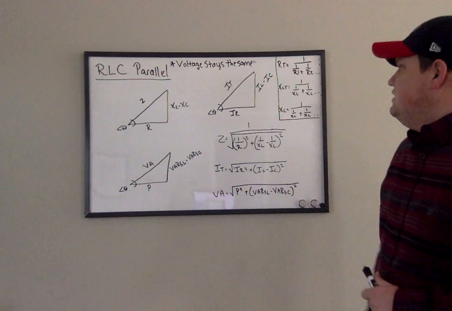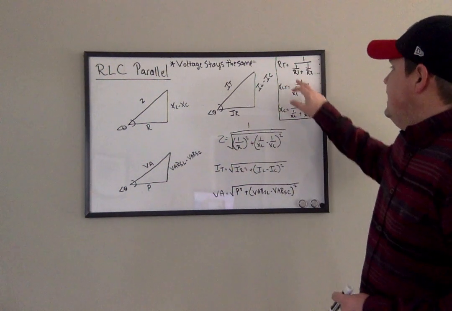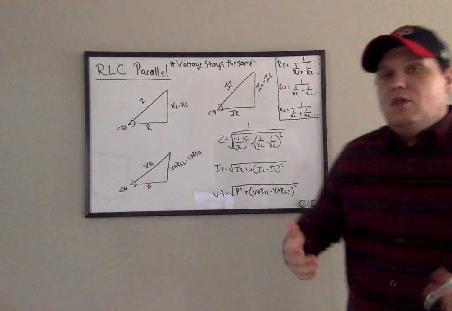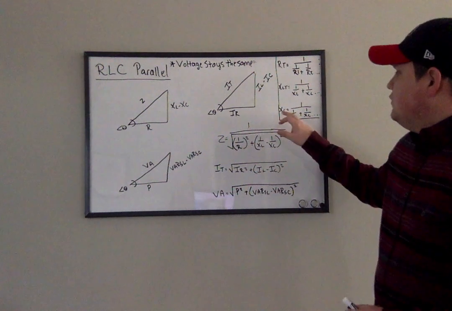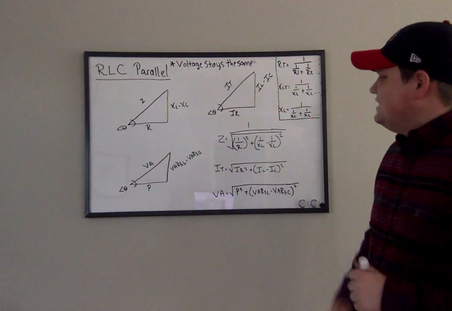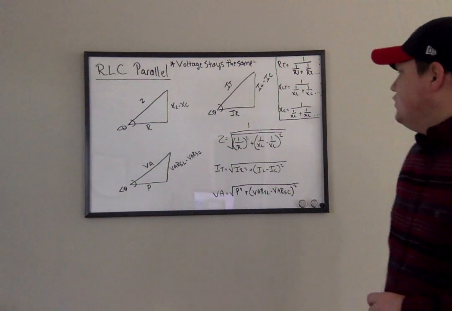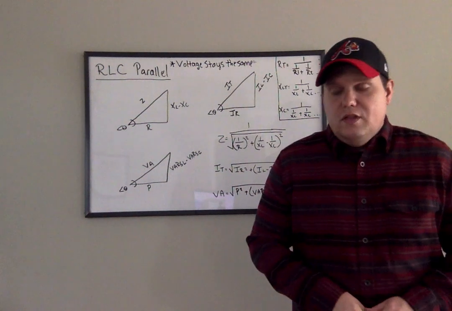equals the total resistance. And then the inductive reactance total is going to be 1 divided by 1 over XL1 plus 1 over XL2, and so forth. And then for capacitive reactance, it's the same thing: 1 divided by 1 over XC1 plus 1 over XC2, and so forth.